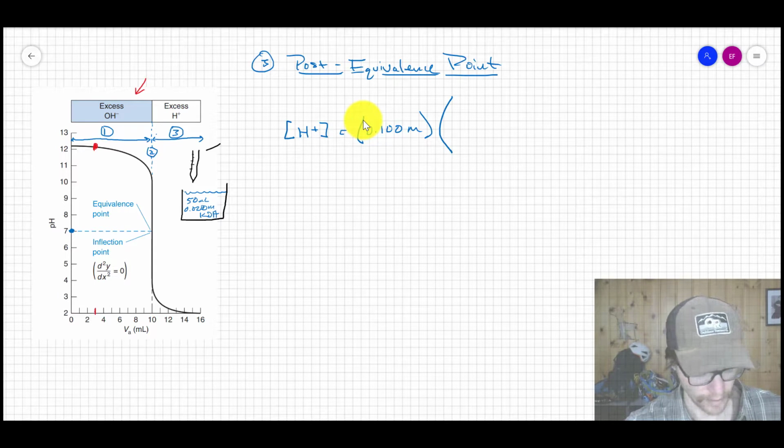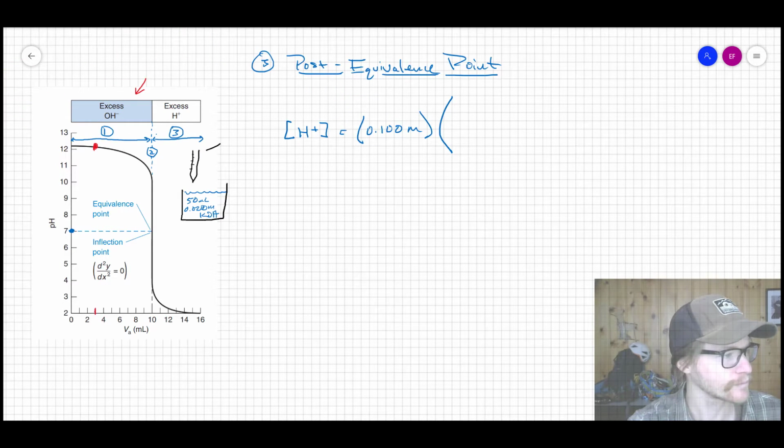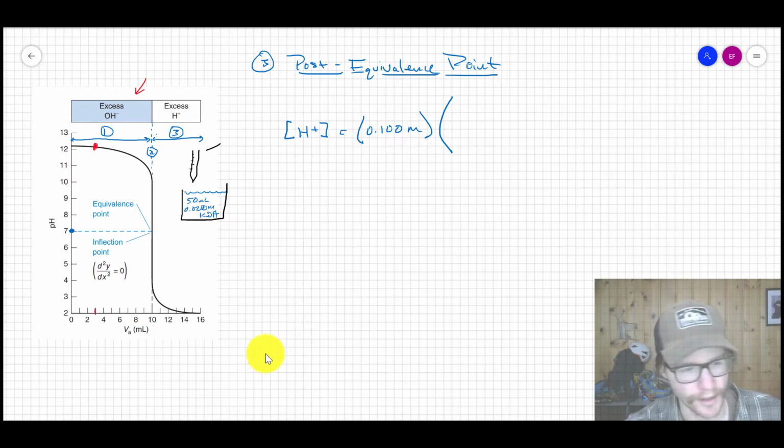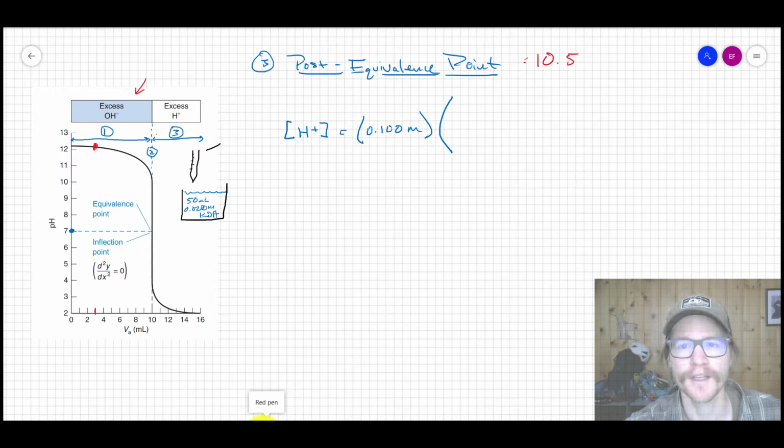And then we're going to multiply this by the fractional component. So we have our original volume, and I should add on here a specific example. So we're computing this at 10.5 milliliters of HBr added. We know that equivalence is at 10, so we're about a half a mL past the equivalence point.